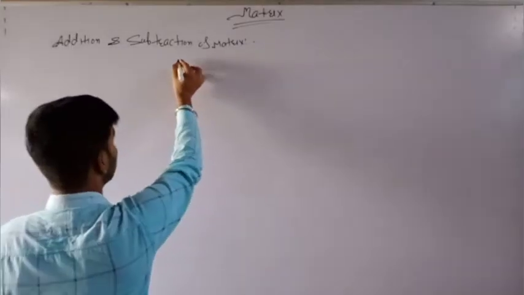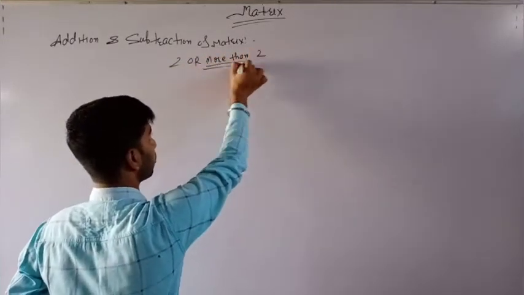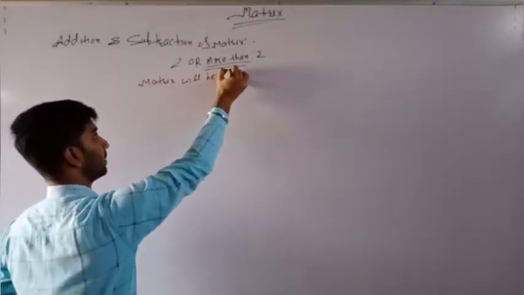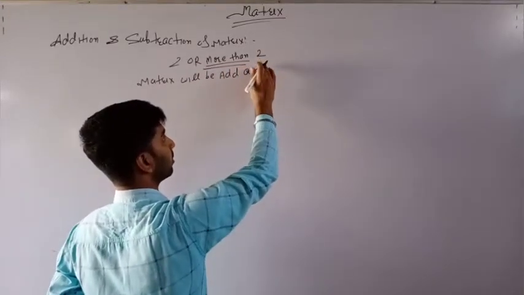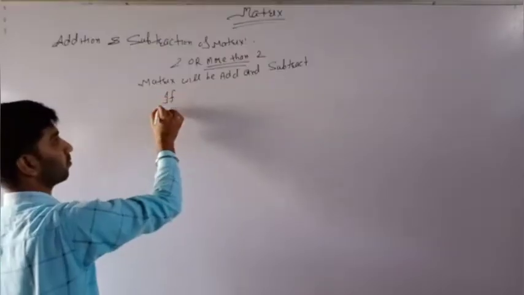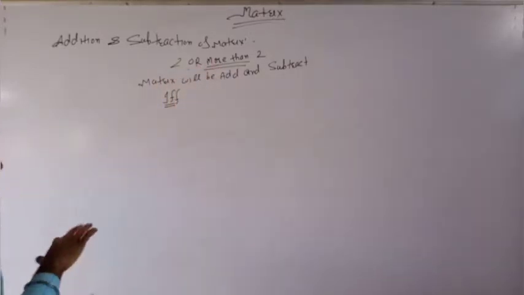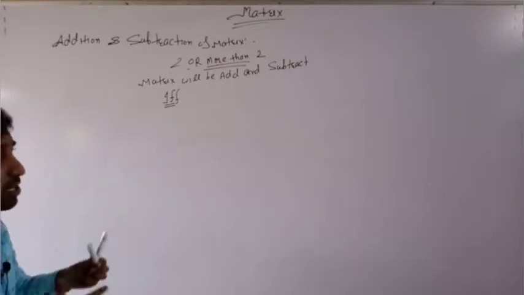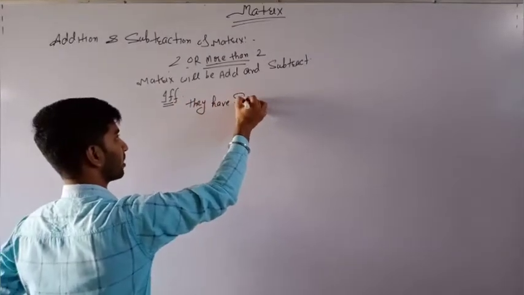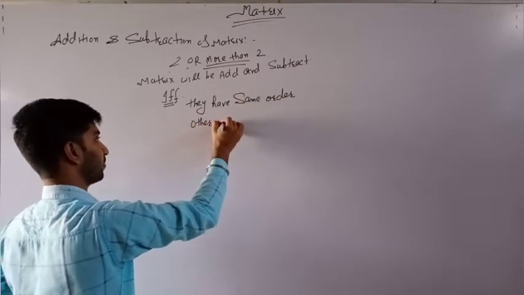Two and more than two matrices will be added and subtracted if they have the same order, otherwise not.